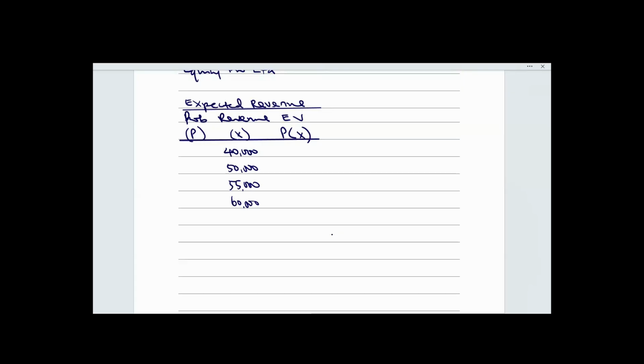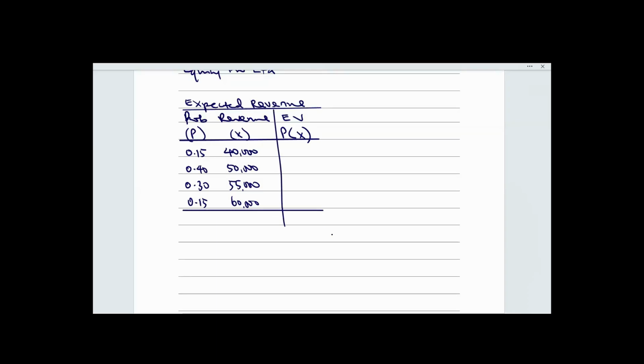So give me the probability: 0.15, 0.40, 0.30, and then 0.15. Okay.